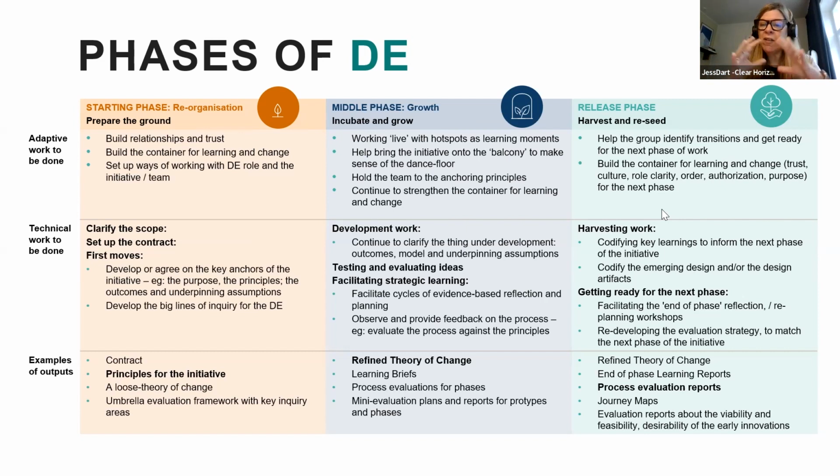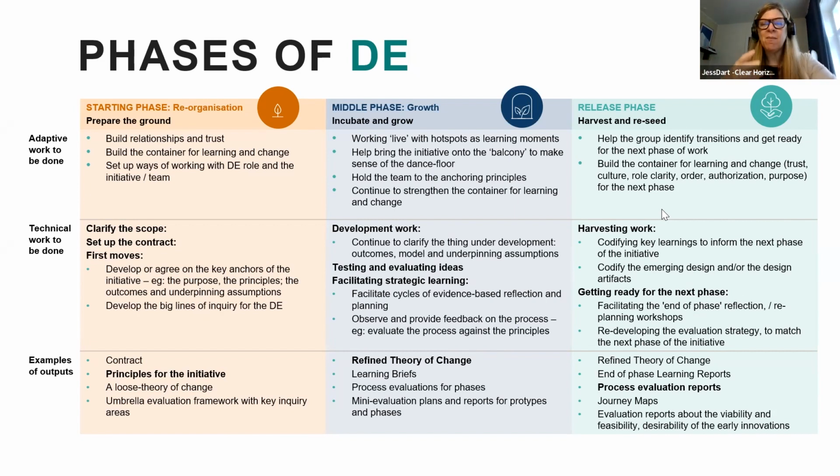And you can have the beginning of what I call an umbrella evaluation framework, which is very loose, just the areas of inquiry that we want. So this is the starting phase. You need to set up the trust, get some of the anchors in place, a little bit of theory of change, and that can take a few months to set up, depending on how big the thing you're doing is.